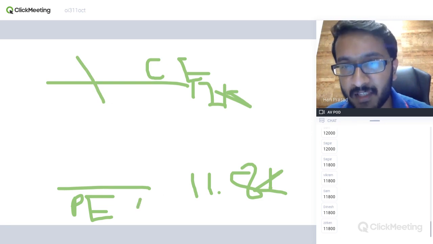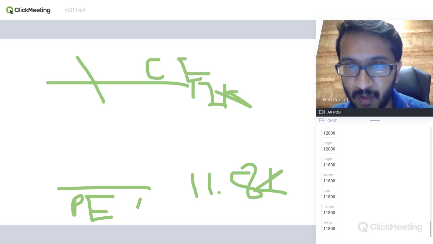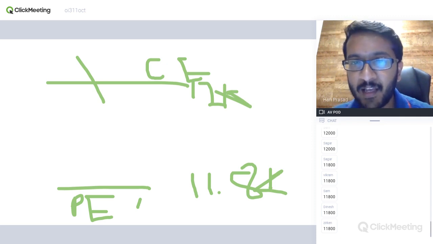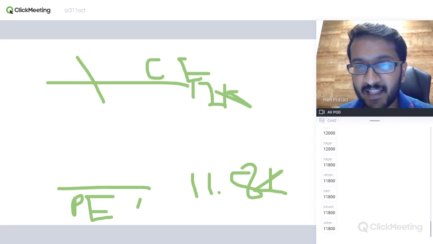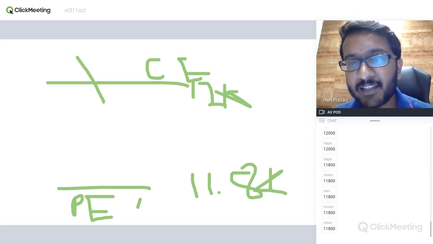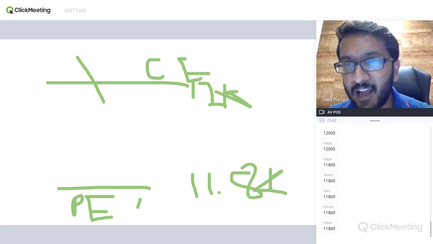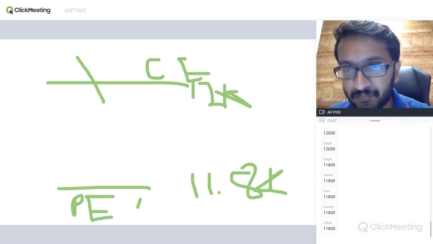That is, they're call writers and put writers. They basically do options writing, meaning they sell these contracts. Do you guys know why they're just selling?